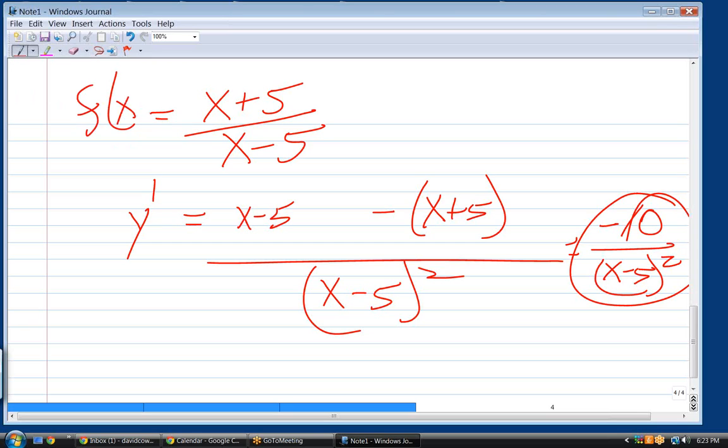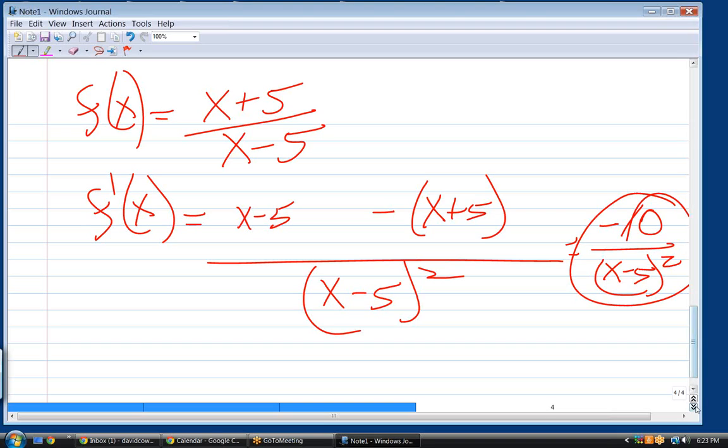Okay, f of x is the same as y, only it's more information. So I can write this as f prime of x. That's what first derivative means. That's what that superscript means. Now where c comes into it is where I don't know.